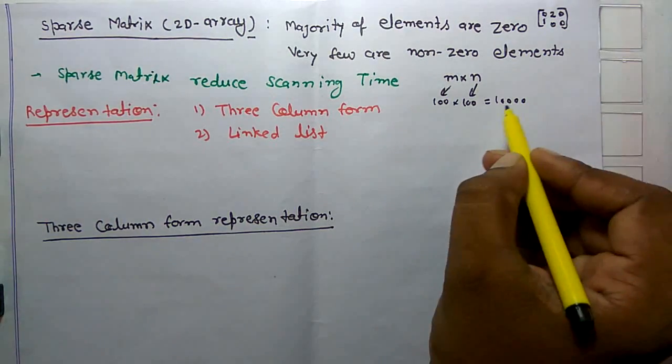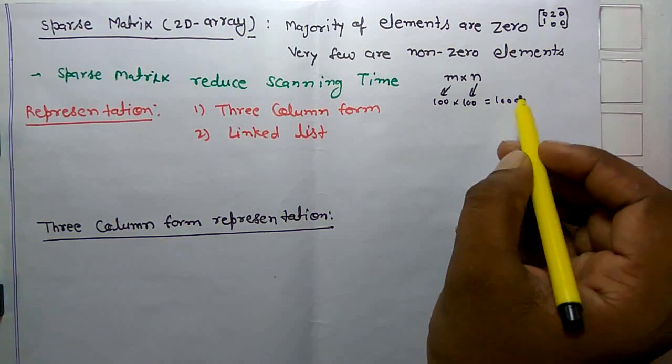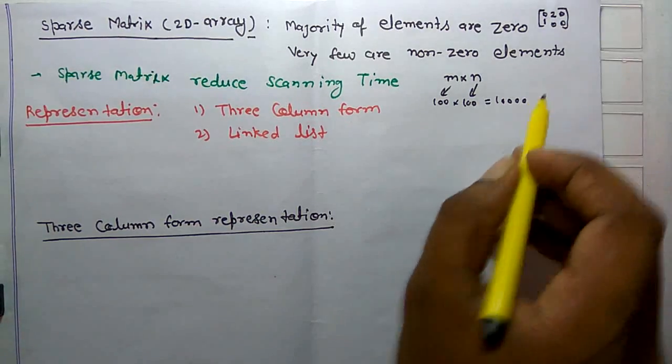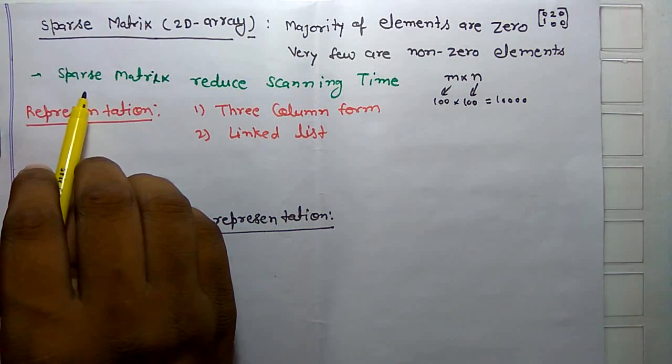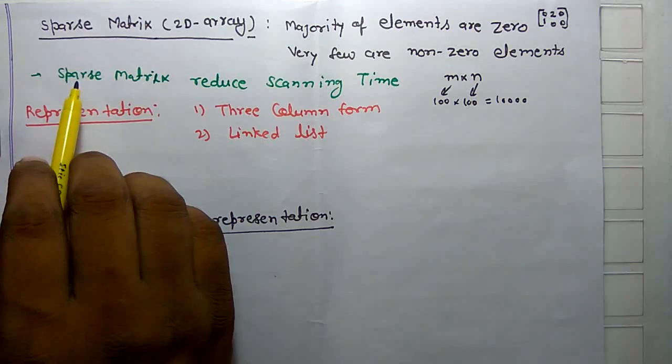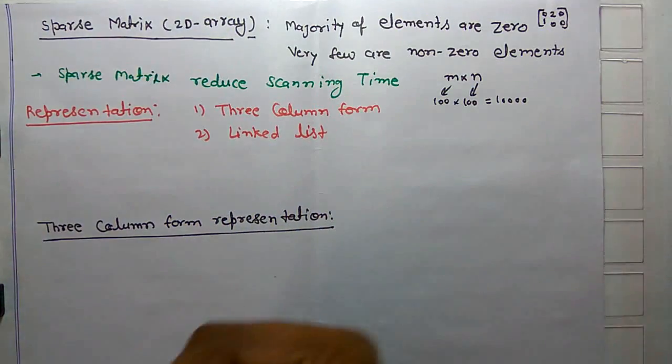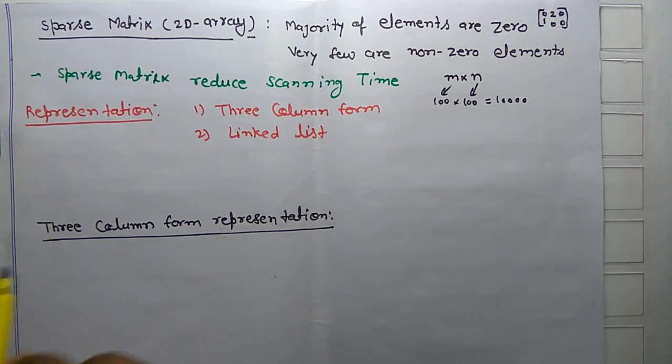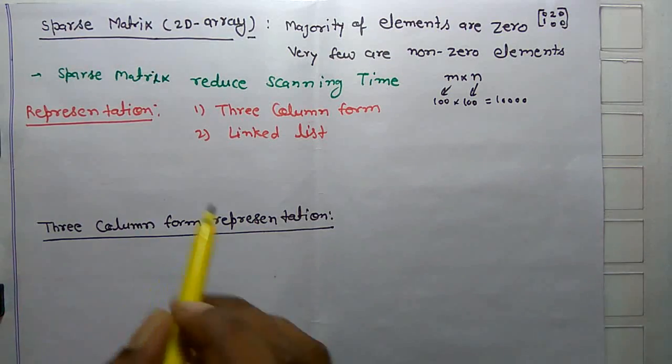So instead of 10,000 scans, you can use a sparse matrix, where you can directly get the values that exist in that matrix.